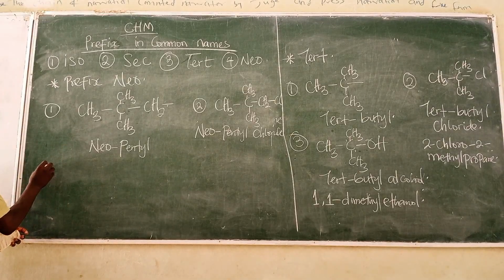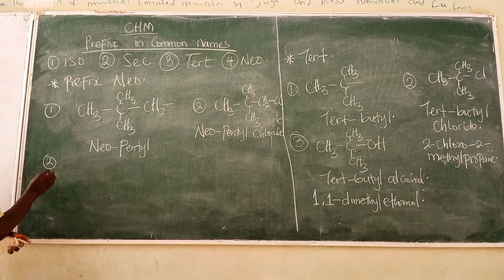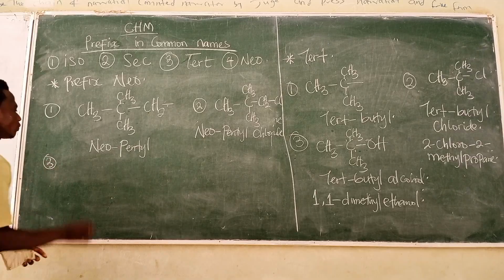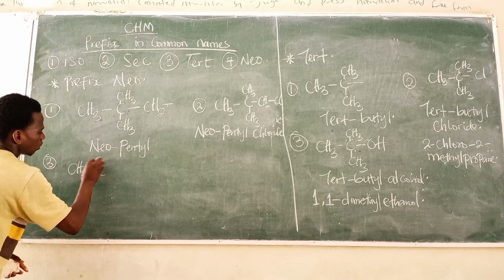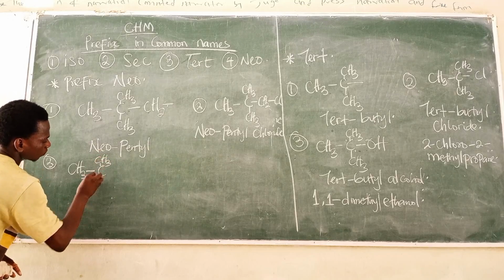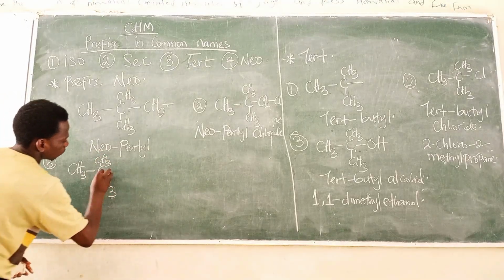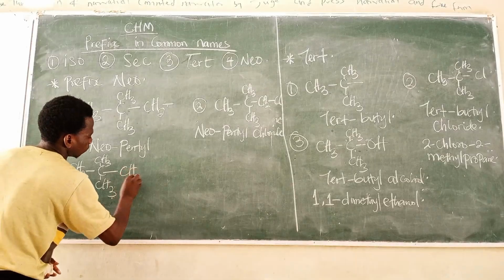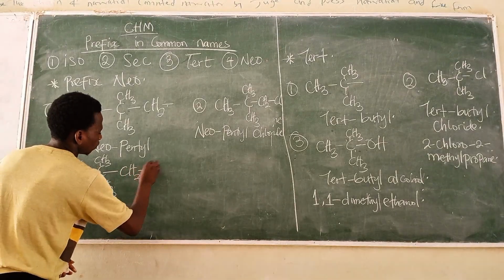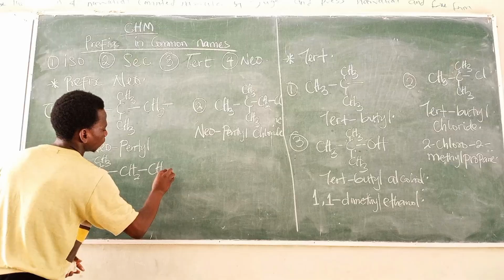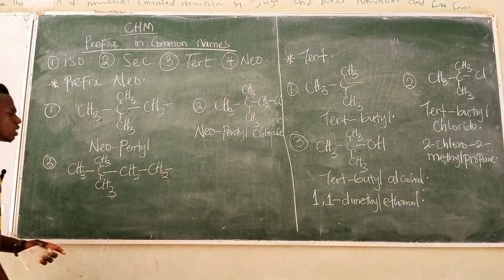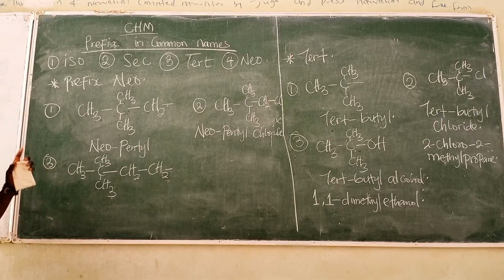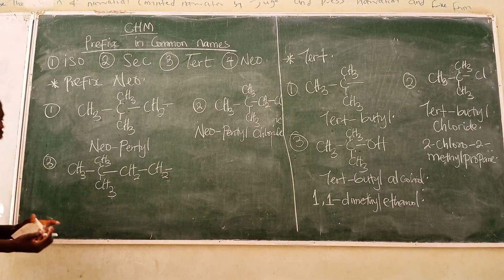Let's look at two more examples on how we can identify and name organic compounds using the prefix neo. Now let's say we have this. What are you going to call this particular structure using the common name, using the prefix neo?